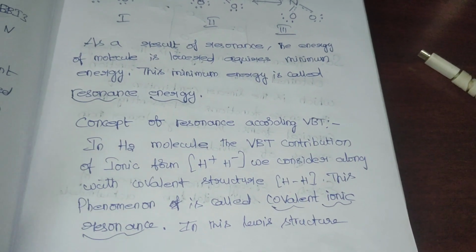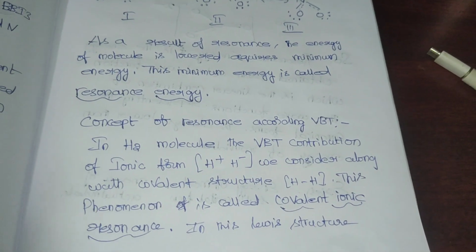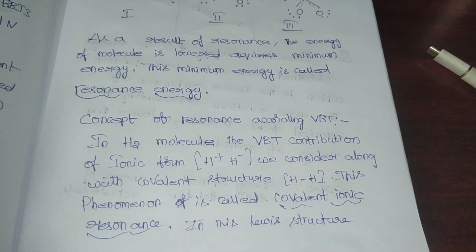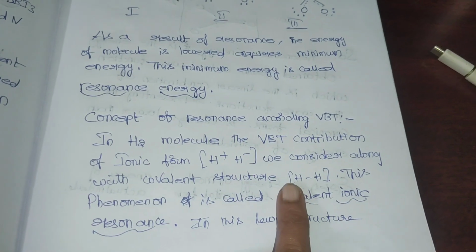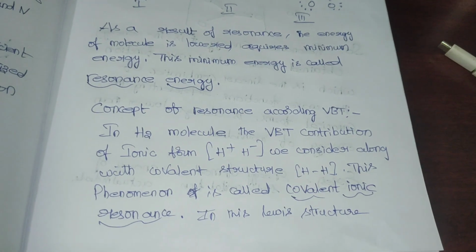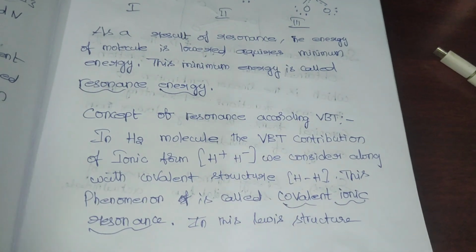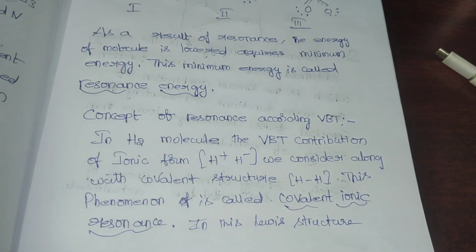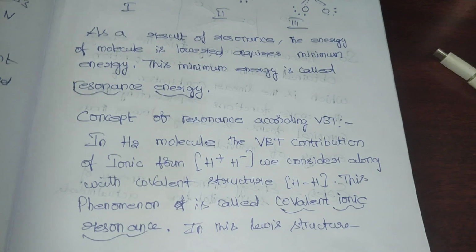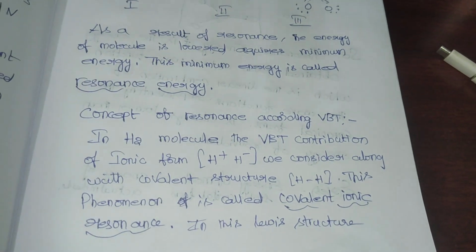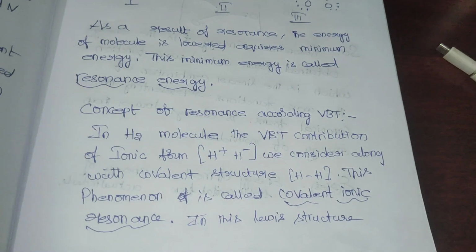Then, according to the VBT theory, what is VBT theory? Valence bond theory, we know that. In the H2 molecule, the hydrogen molecule, according to valence bond theory the ionic form is H+ H- and the covalent structure is H-H covalent bond. When we consider these two forms together, the phenomenon is called covalent-ionic resonance structure. No molecule is purely covalent or purely ionic.